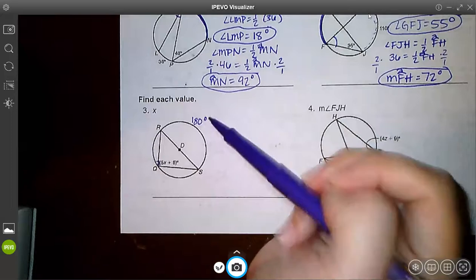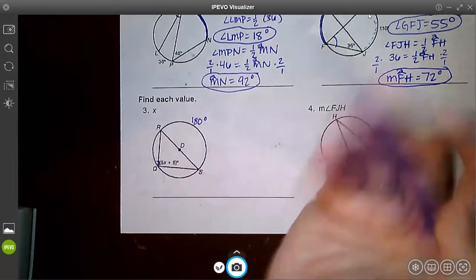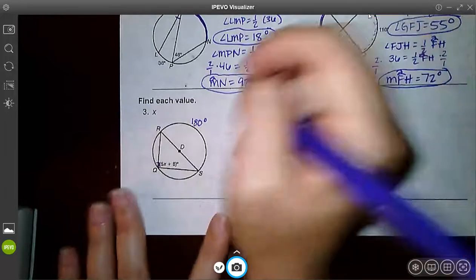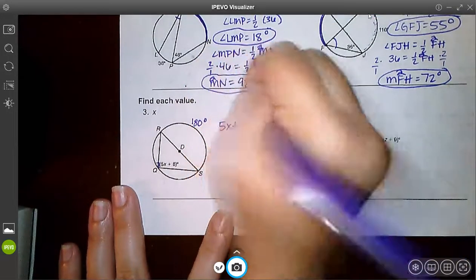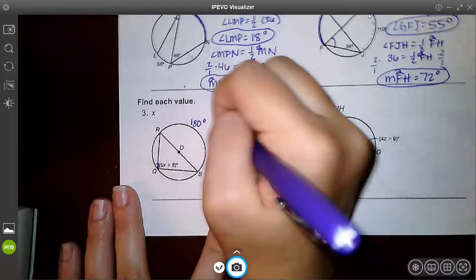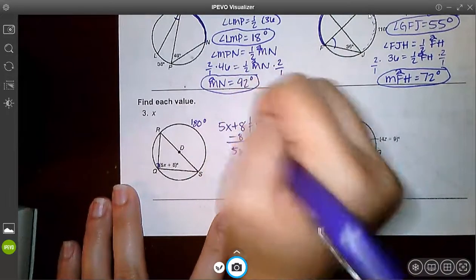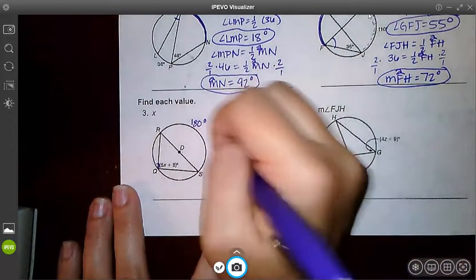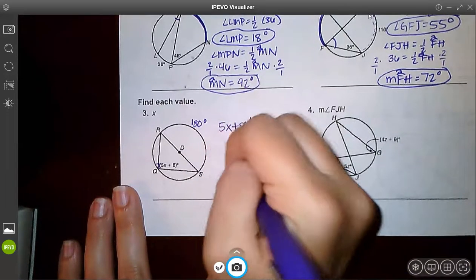This angle has to be half of that 180. Or you could say this angle has to be 90, which either way works out. So 5x plus 8 is 90 degrees. Subtract 8. 5x equals 82. Divide both sides by 5. You get x equals 16.4.